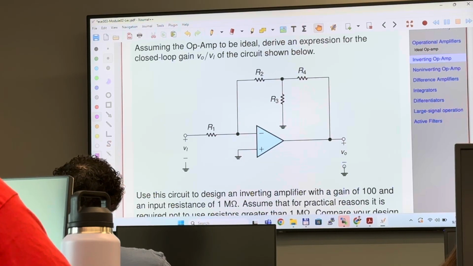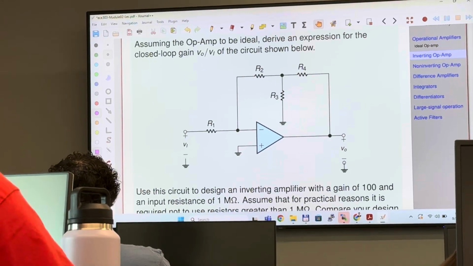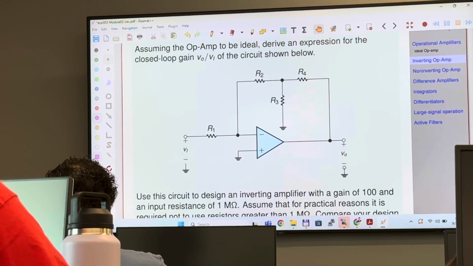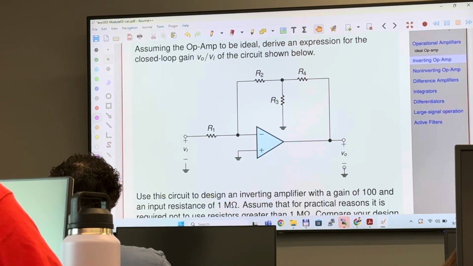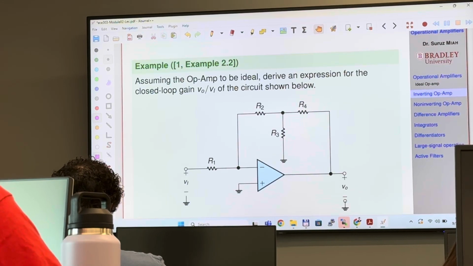You see input, output, sometimes the input is denoted VI, output Vout, V0. But you don't see the current direction. Current is going this way. But when you analyze, for analysis purposes, you provide current directions the way I will be giving right now. So let's see what this example is about.